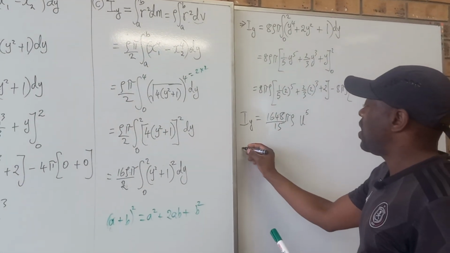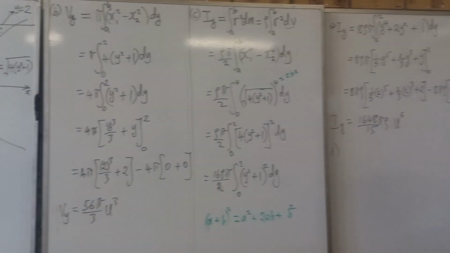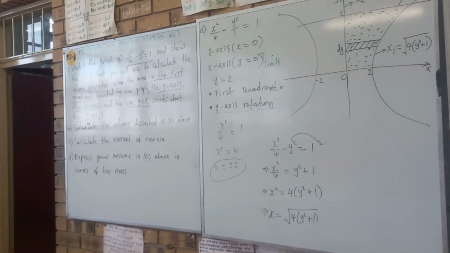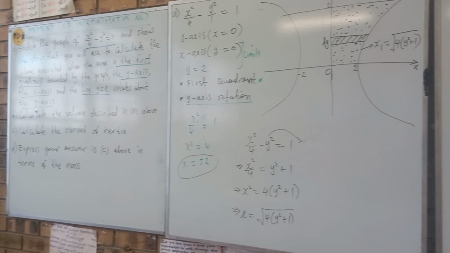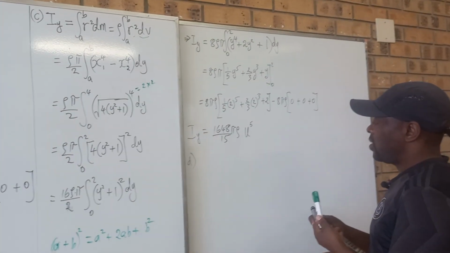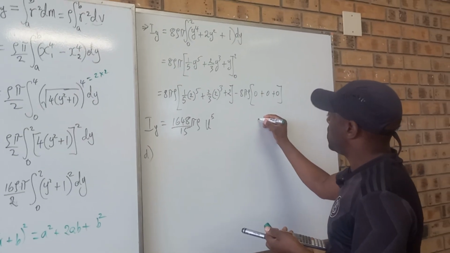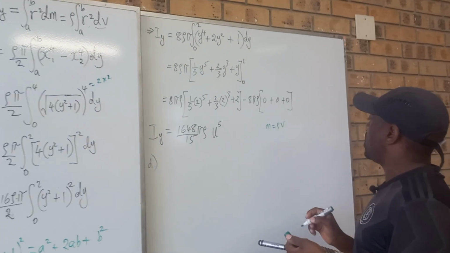Then we can go to the last part, which says we should express our answer in terms of the mass. So if you look at the last part of the question, it says express your answer in terms of the mass. So again, in this part, the little thing I want to explain to you is that you must go to page 5 of your formula sheet, look for the relationship between density, volume, and mass.